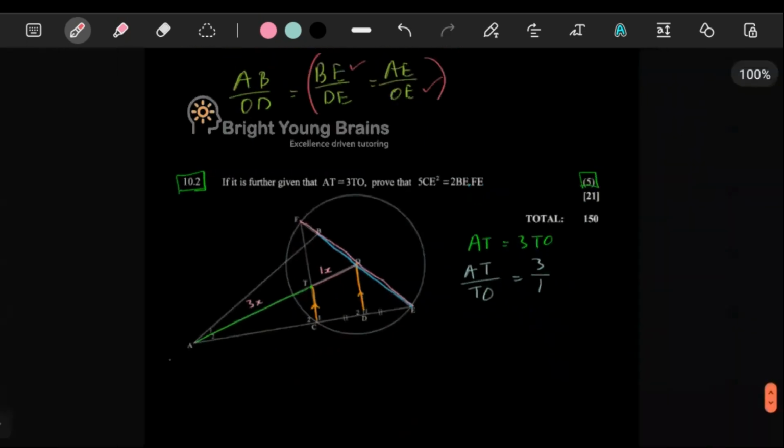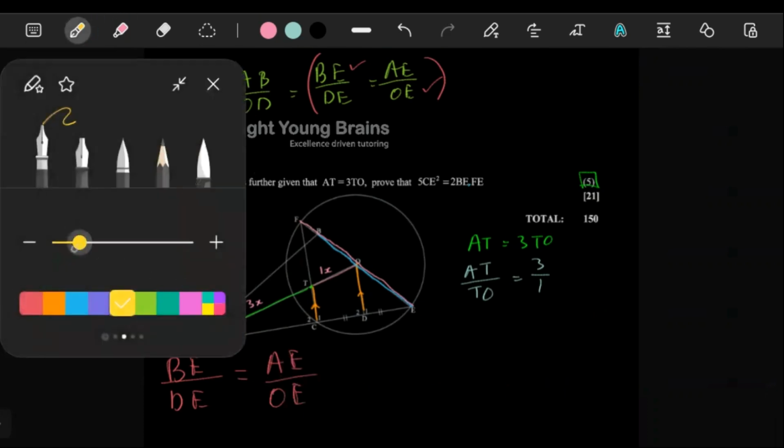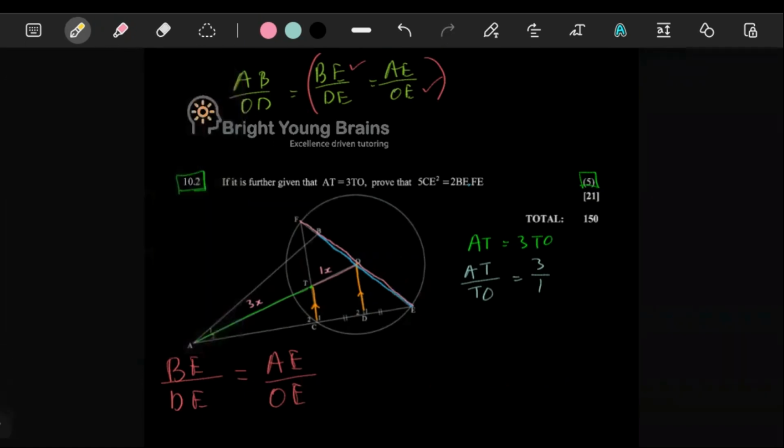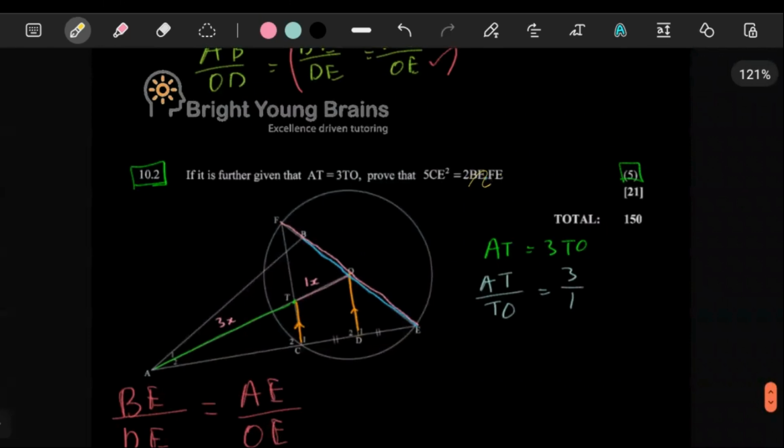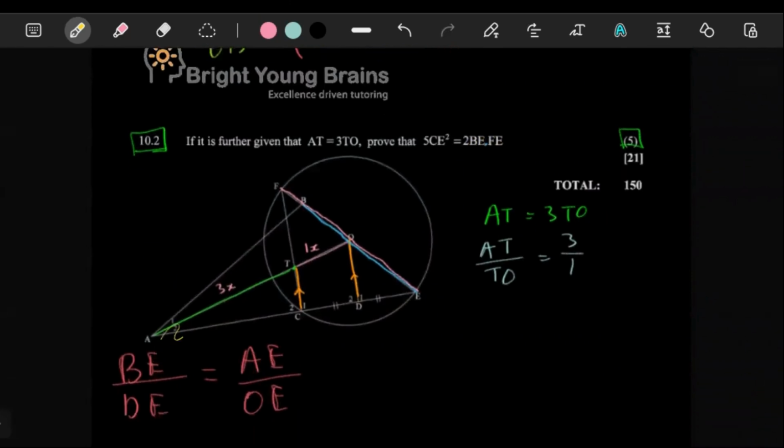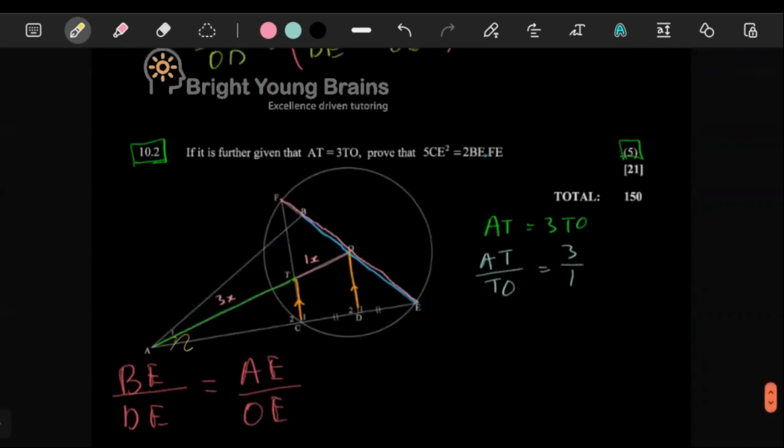Let's write it down. BE over DE is equal to AE over OE. I think this is something we should not take for granted at all, because where there's fuel, there's definitely fire. Because there's a BE in what we're trying to work out, there's a FE, so these fit in that way. And then in our big shape here, there is AE somewhere, of which we can already see that AE is a bit strange looking.